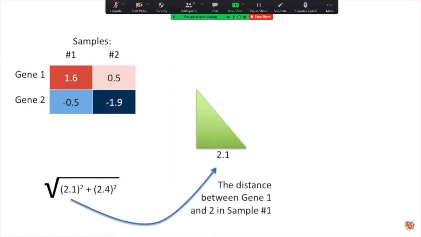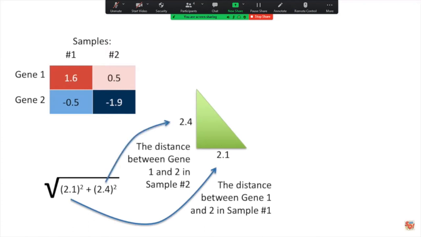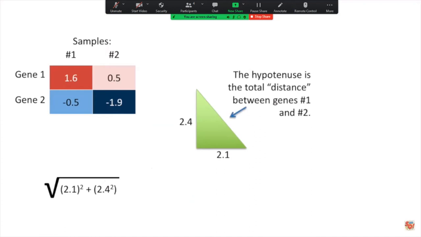We can think of these values within the parentheses as sides on a triangle. So on the x-axis, we have the distance between gene 1 and gene 2 in sample number 1. And on the y-axis, we have the distance between gene 1 and 2 in sample number 2. The hypotenuse is the distance between genes 1 and 2.